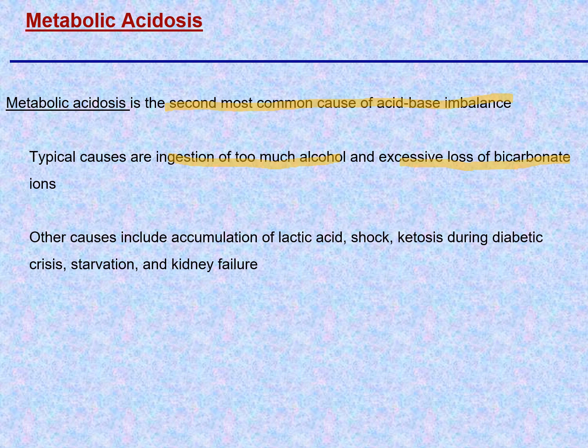Other causes may be an accumulation of lactic acid, or a person's in shock, or ketosis, but it's actually ketoacidosis, and that's with uncontrolled diabetes or starvation. It can also occur with kidney failure. So metabolic acidosis is the second most common acid-base imbalance and associated with excess bicarb loss, excess alcohol intake.